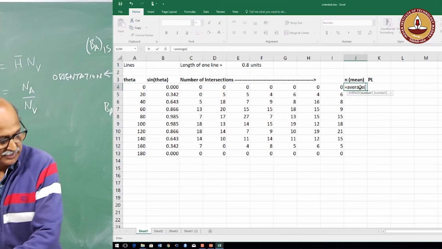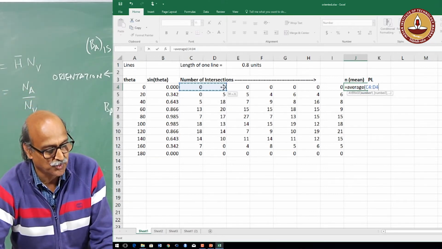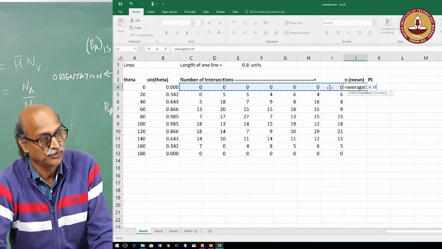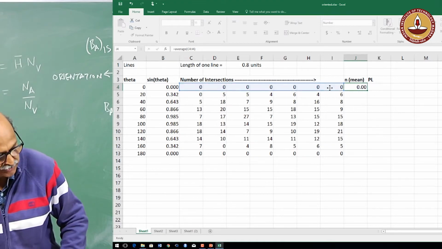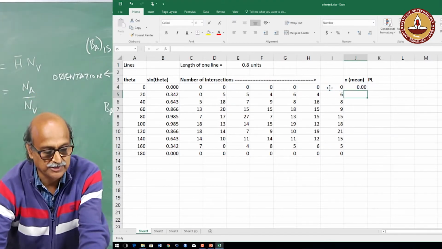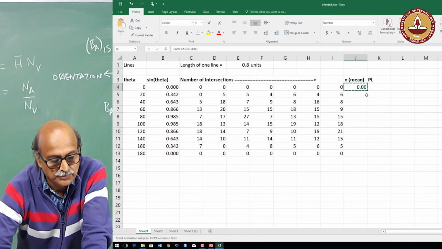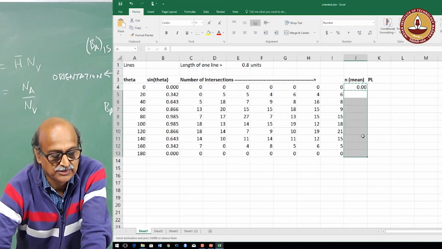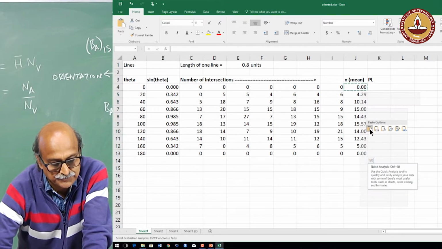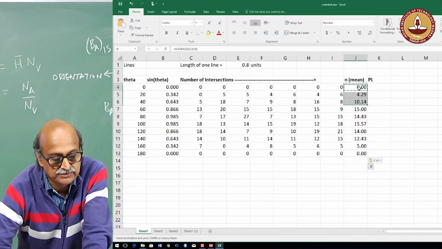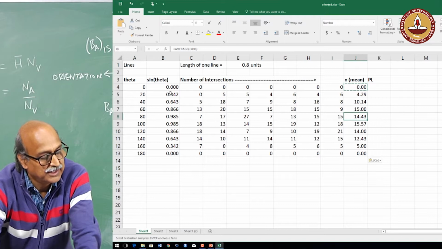Just use the average function in Excel and select the row which contains all the measured quantities for that particular angle, and then close the brackets. This will give me 0, but now I can copy this formula to the rest of the cells and I will get the average intersection count per unit length as we vary theta.